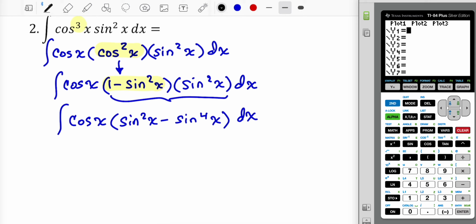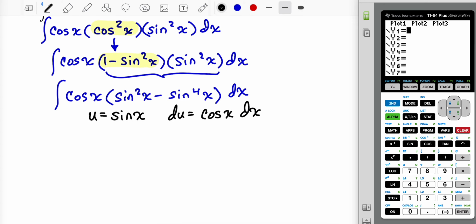If u is equal to sine, that's cosine as a derivative. That's going to do the trick. So I can swap out cosine x dx with a du, and each instance of sine is going to get replaced with a u.